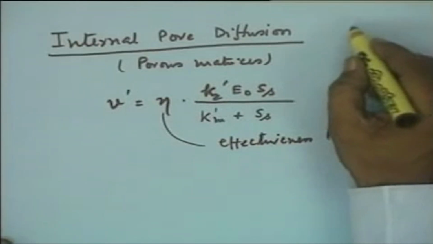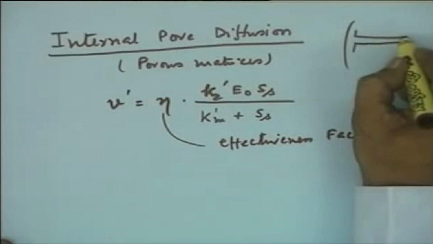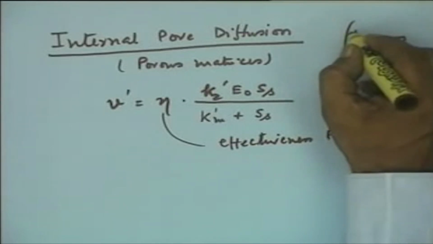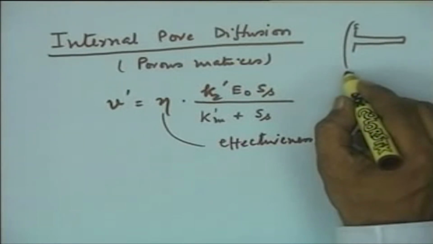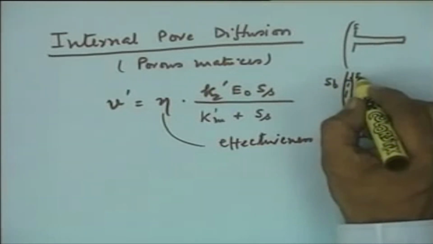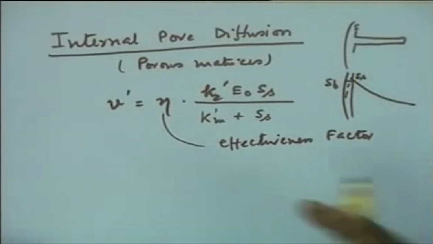Now, consider a very hypothetical condition, a single pore as part of the matrix, and this is the surface. You have Sb in the bulk, across the thin film you reach Ss, and there is no substrate concentration gradient there, but from here onwards there is a gradient. There are two things we must appreciate in contrast to the film diffusion limit effects.